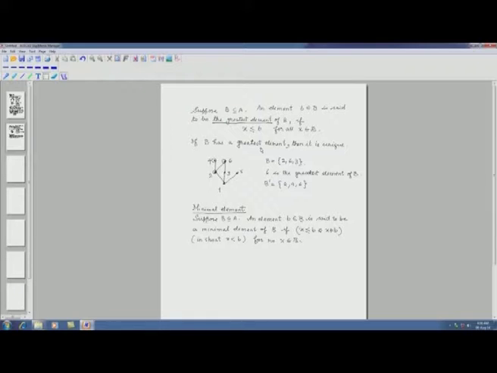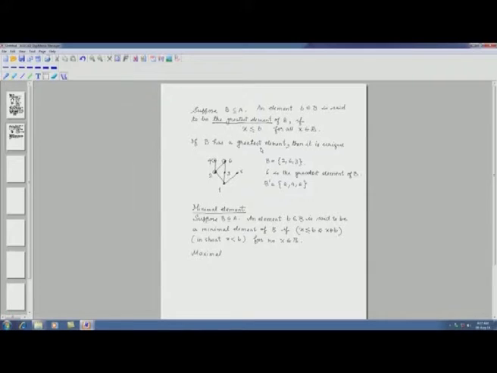We can define maximal element of a subset in the same way. So, I write down maximal element. Well, just to avoid any confusion, let me change the name of the element.